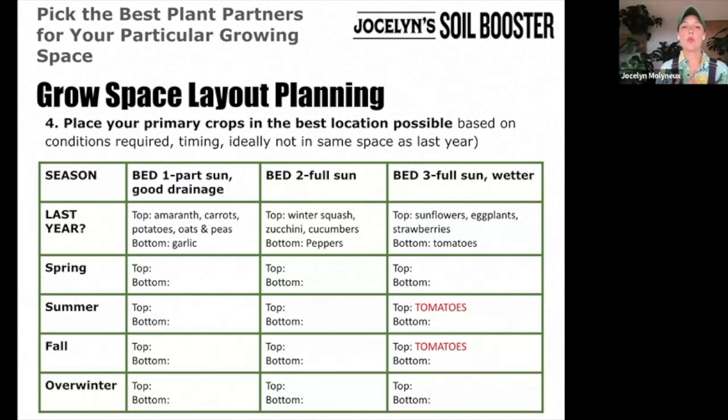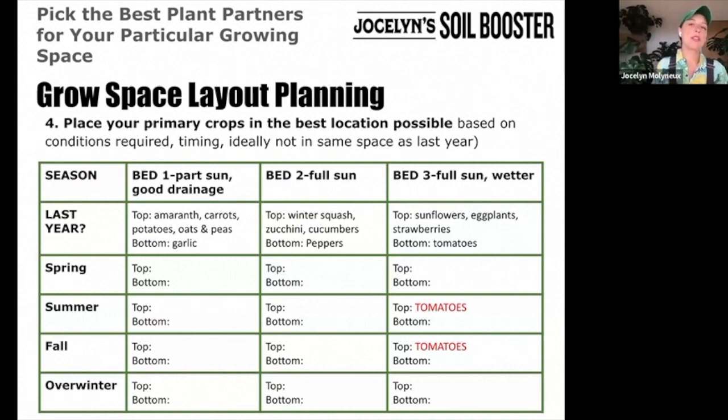And of course we know the May 4 weekend, up here where I am, we actually wait until June 1st, because a couple of years ago we had a June 1st frost, which was pretty devastating for everyone that had put their tomatoes in a week earlier. And so for the spring, we know that those tomatoes are not going to be in that bed 3, so we're going to leave that section open. But we know that as soon as it's June 1st, the summer starting, we're putting those tomatoes in.